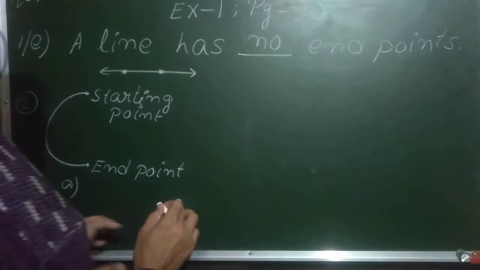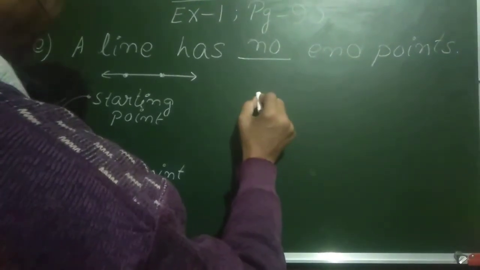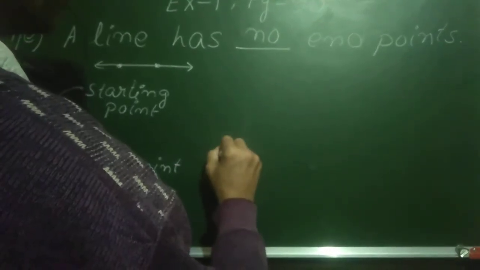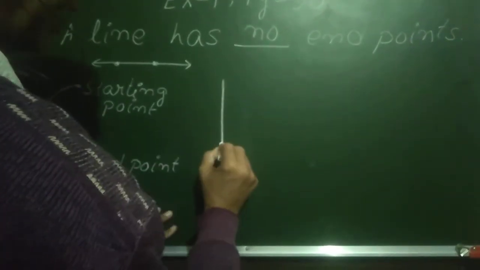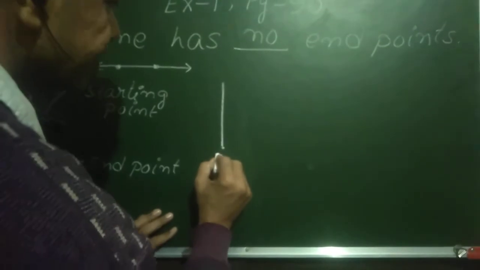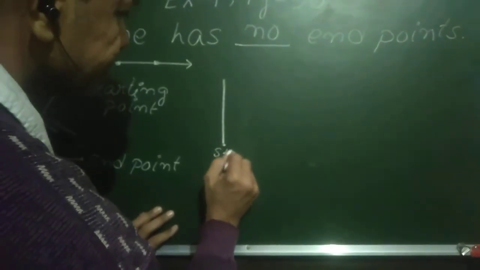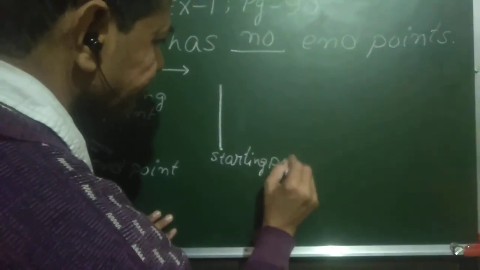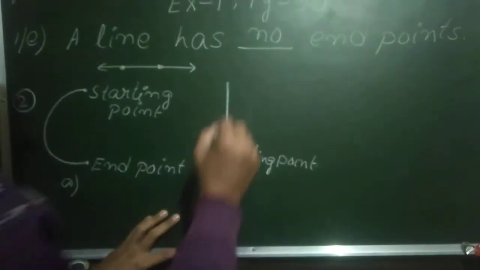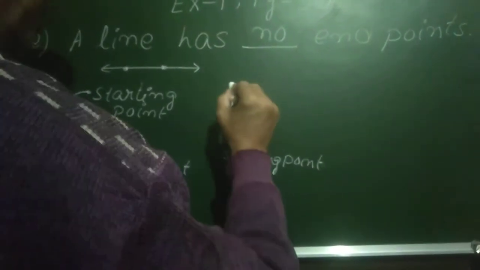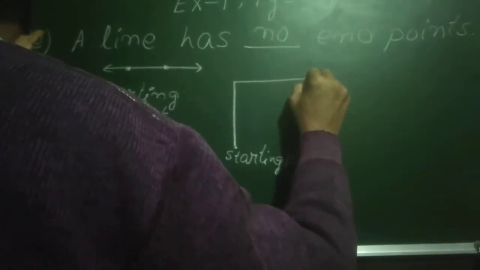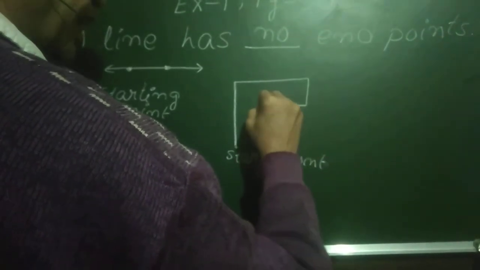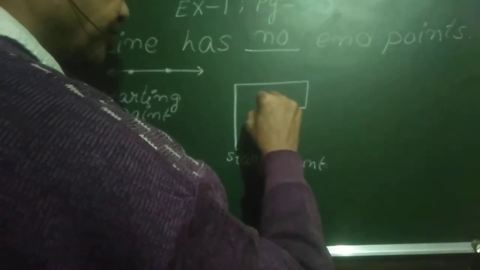I am drawing another figure. Suppose I have started from this point, this is my starting point, and I am going this way, coming this way, coming this way, and I have ended it here.